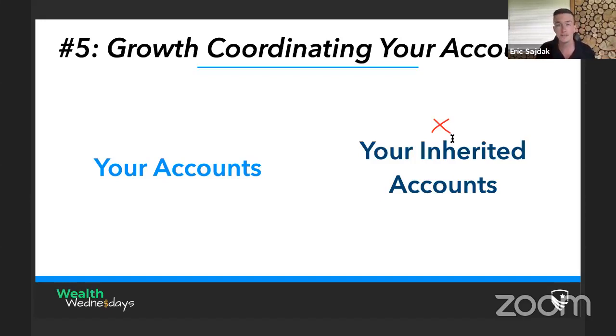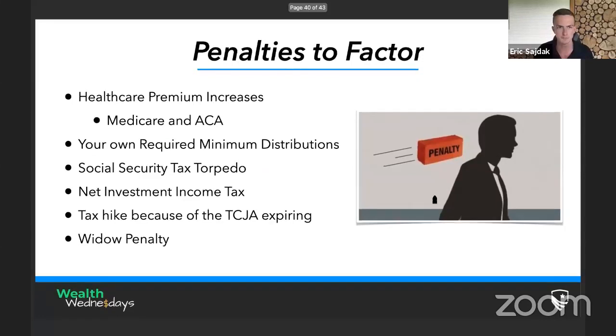So out of every investment that we hold, let's hold these slowest growing investments in those inherited accounts. With your IRA, you're going to be subject to the RMD table. Once you turn 72, it's going to increase slowly. It's not 10 years, it increases slowly. So again, growth coordination wise, safest stuff in inherited accounts, unless it's a Roth IRA, then we might want to still invest that fairly aggressively.